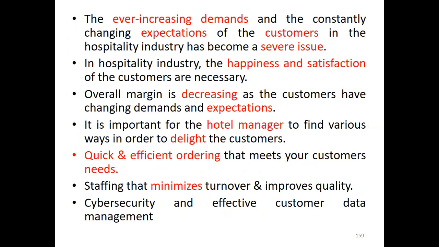The ever-increasing demand and constantly changing expectations of the customer in the hospitality industry have become a severe issue. Ever-increasing demand, expectations बढ़ रहे हैं कस्टमर के. हर कोई आने वाला कस्टमर कुछ नया चाहता है. अगर उसका रिक्वायरमेंट मैंने फुलफिल नहीं किया, he will move towards the other competitors and I will lose the business. कोई भी कस्टमर मेरे पास आने से डिससेटिस्फेक्शन होके नहीं जाना चाहिए.